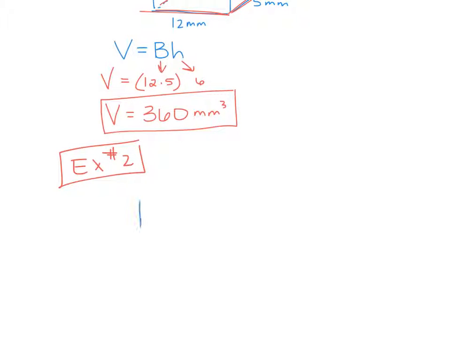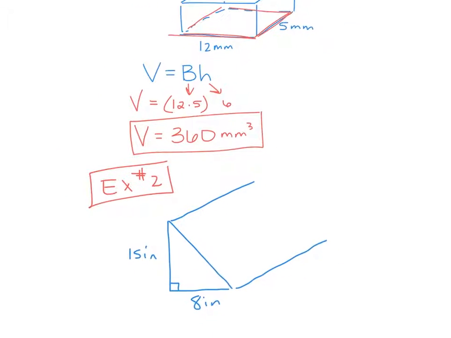Let's say you have a triangular prism where this is 8 inches, this is 15 inches, and then the height is 22.